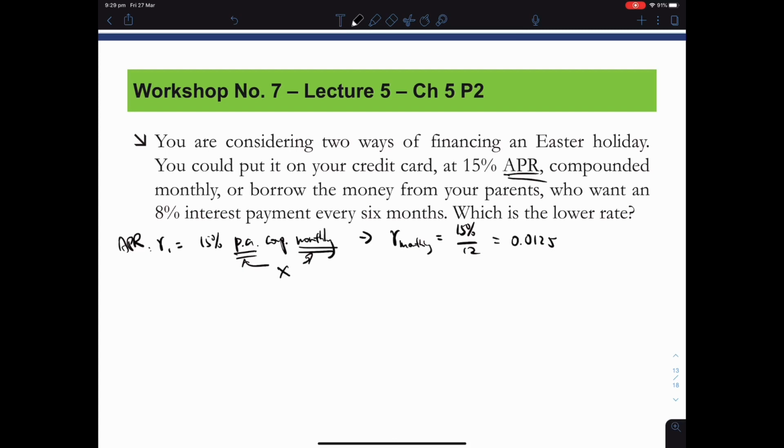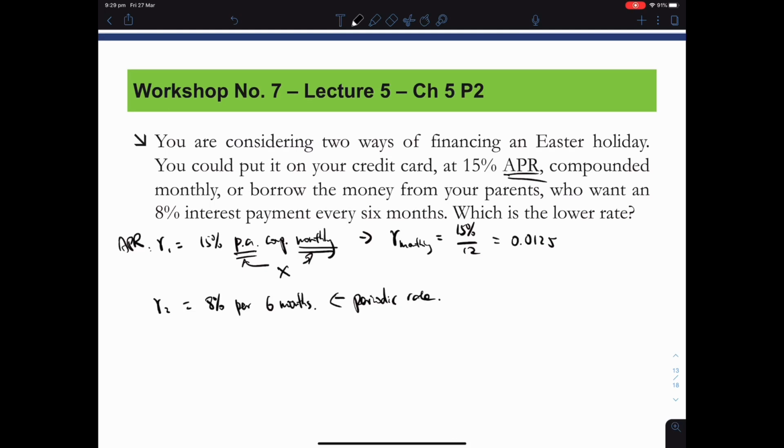And we're going to compare that interest rate with the interest rate offered by our parents. What our parents do is they charge 8% interest per 6 months. So 8% per 6 months, and this is a periodic rate, right? And how do we compare them?